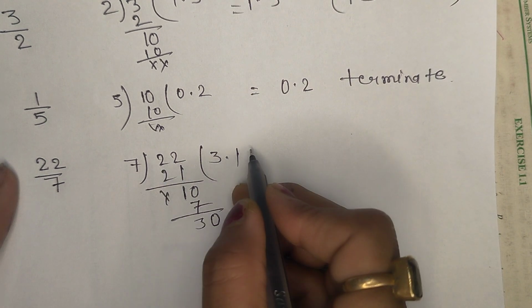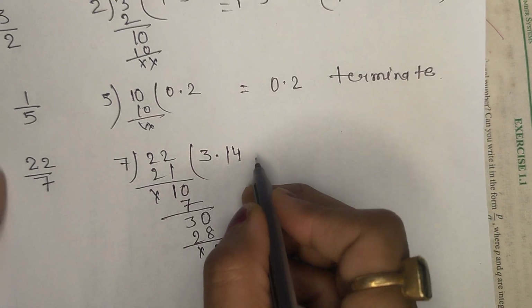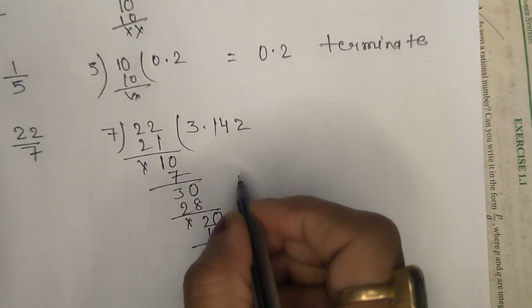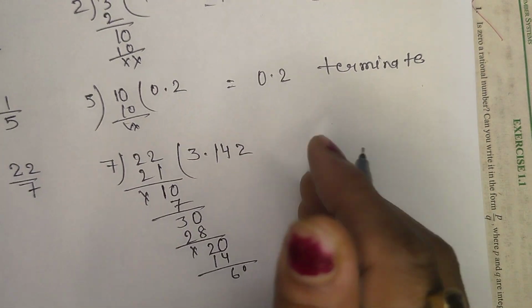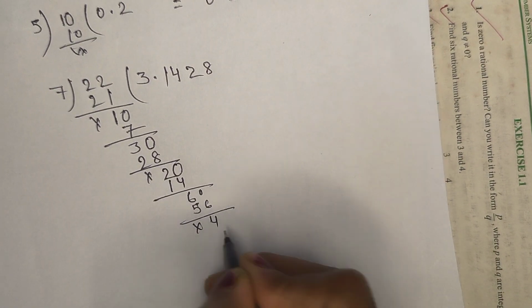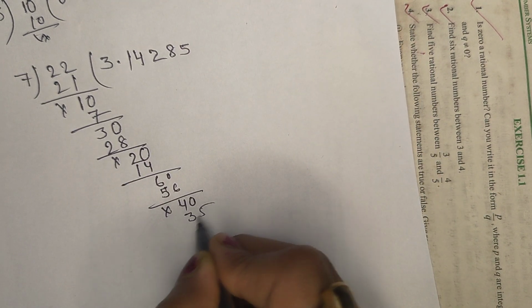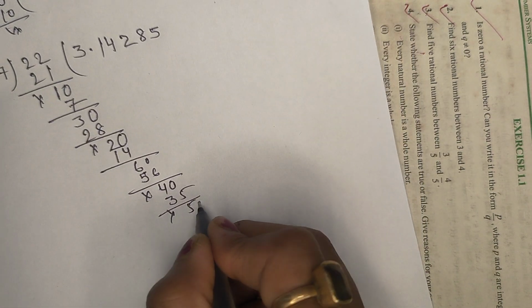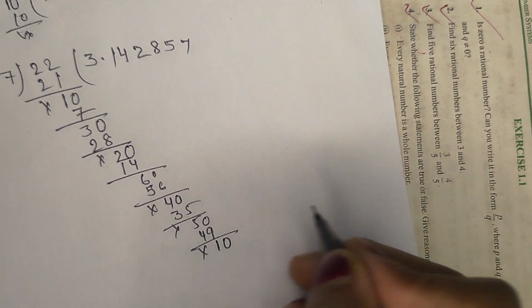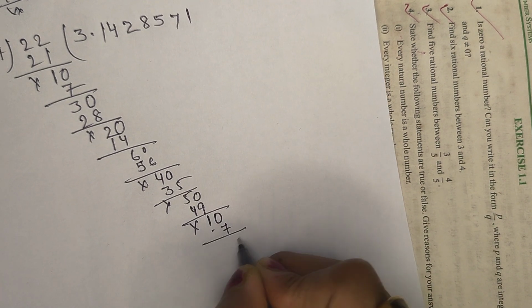Can you take 0? 7 4s are 28, 2 0, 7 2s are 14, again 6 0, 7 8s are 56, 4 0, 7 5s are 35, again 0, 7 7s are 49, again 1 0, 7 1s are 7, 3.